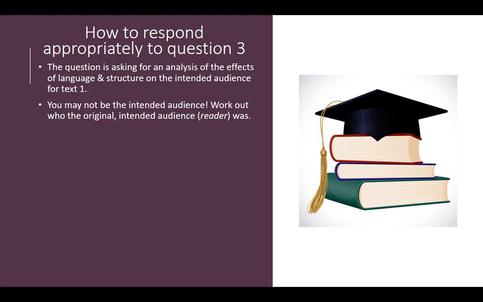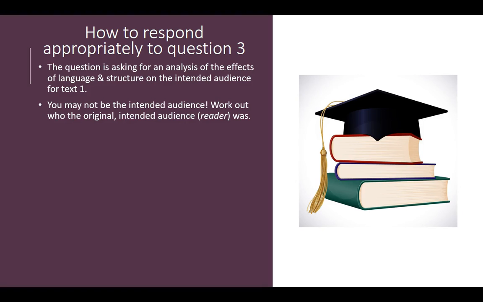So for example, if you have a letter between family members, you are not the intended audience for that. Therefore, the language features that are interesting to the intended audience, which is the person that's being written to, might not interest and engage you. You need to think about why they would interest and engage the person who's being written to. Okay.